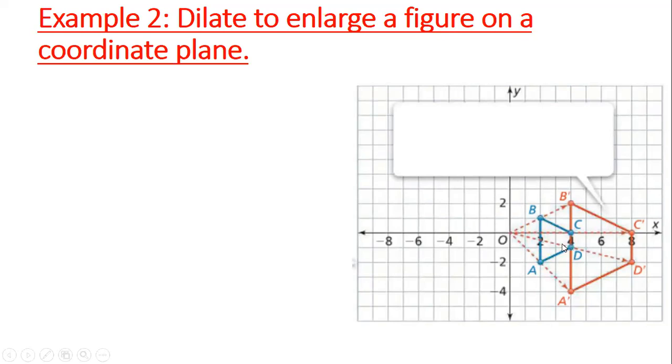Before, I told you when we have dilation, we are going to talk about two things. What are these two things that we are going to talk about? Raise your hand. So we have two things. Yes, Mariam, what are these two things?